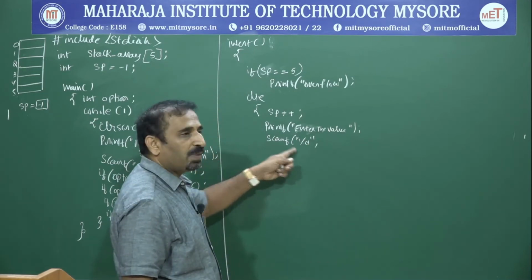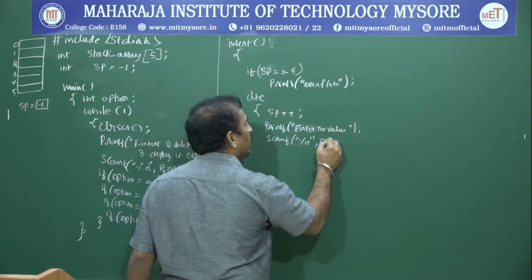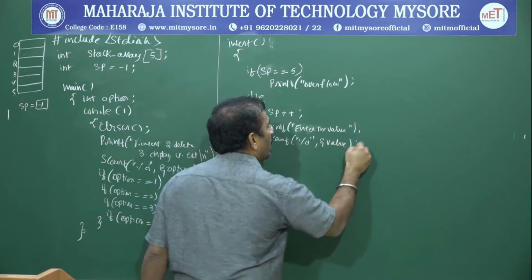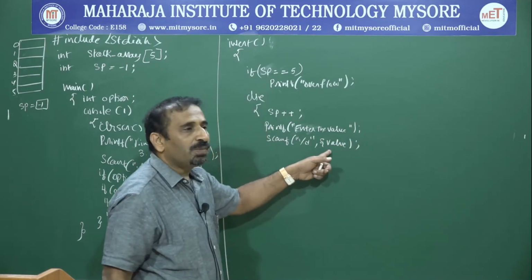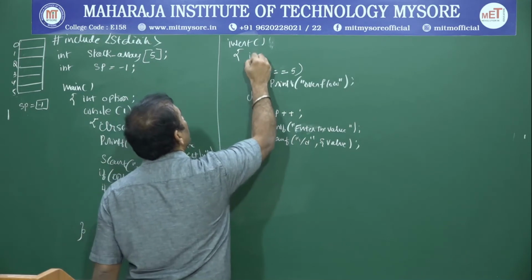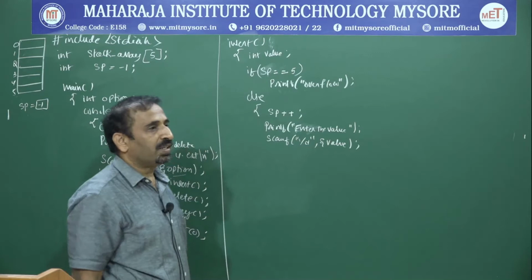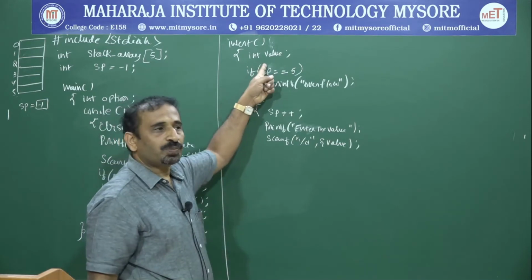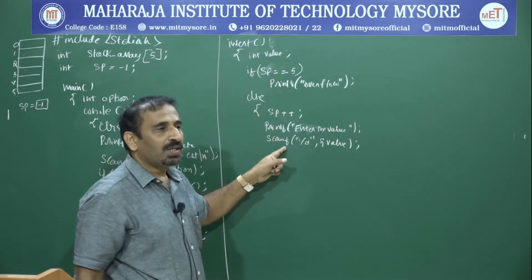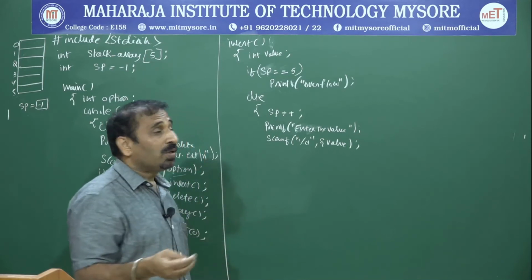So scanf %d ampersand value. This value has not been declared, so declare it here. Integer value. Now I have declared it. Now you have read that value.